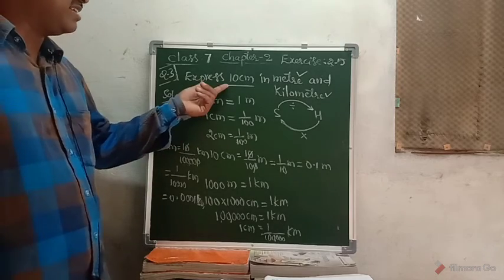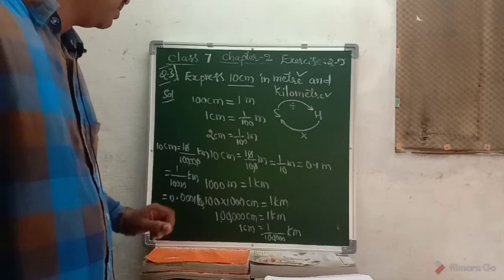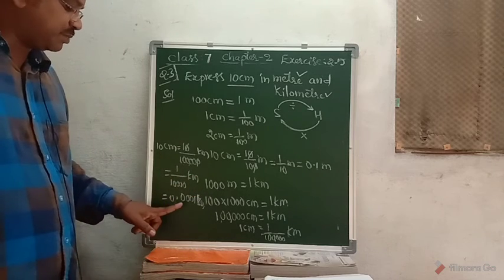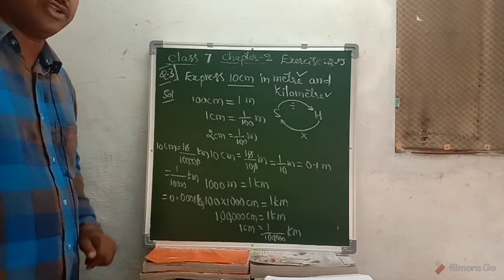So 10 centimeters expressed in meters is 0.1 meters, and expressed in kilometers is 0.0001 kilometers.